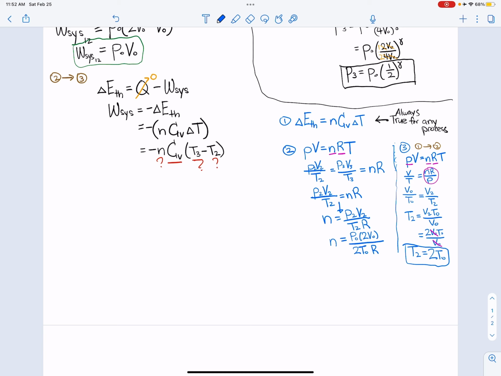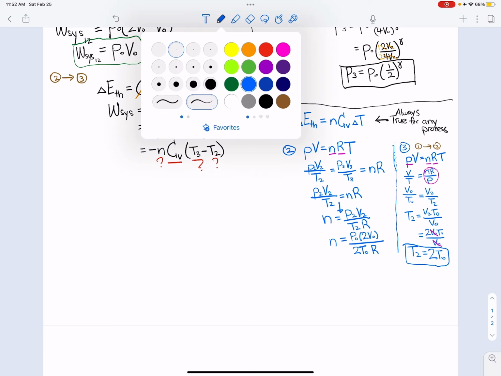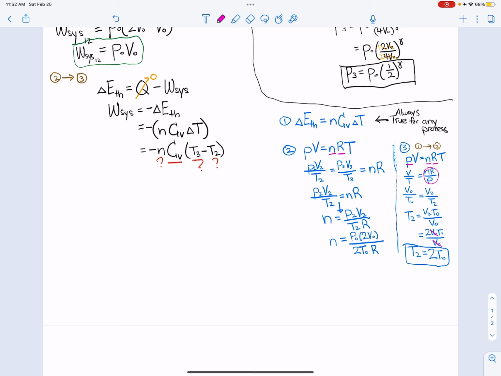And CV if I want to, because CV is also given. All right, we could cancel some stuff out here. Cancel out the 2. And we are left that n is equal to P naught V naught over R T naught. Okay?